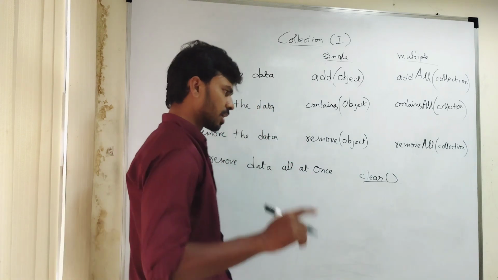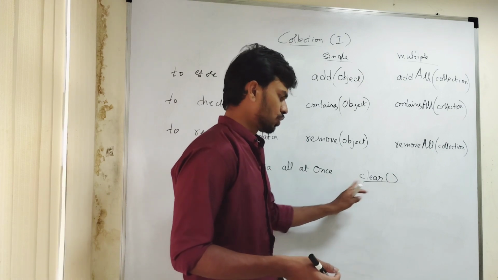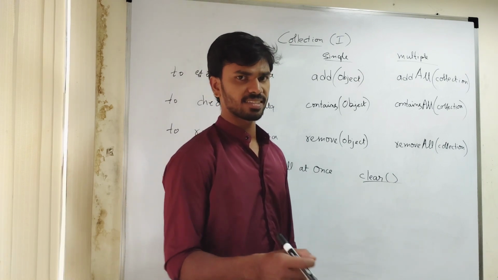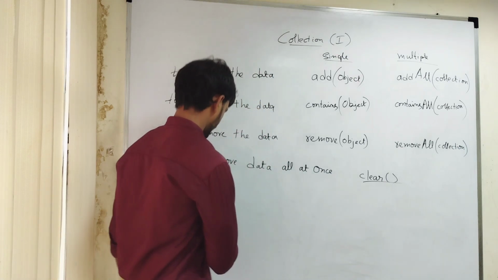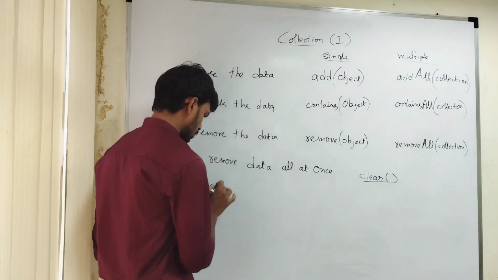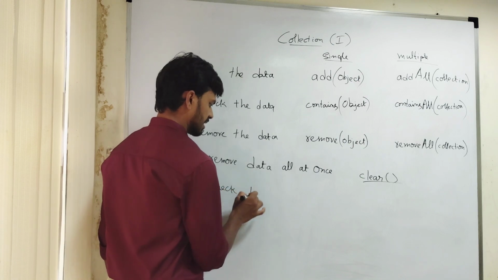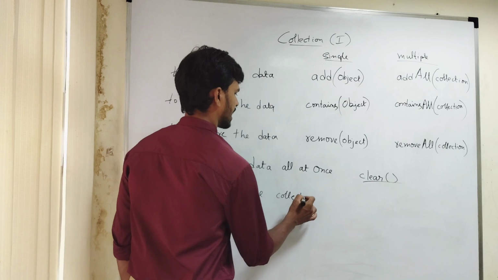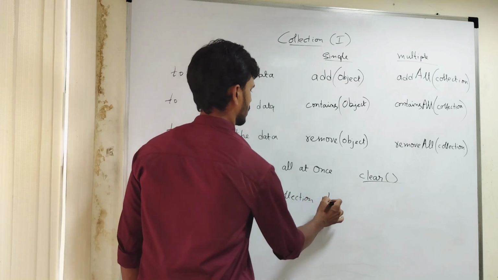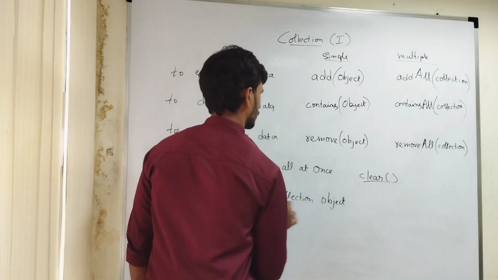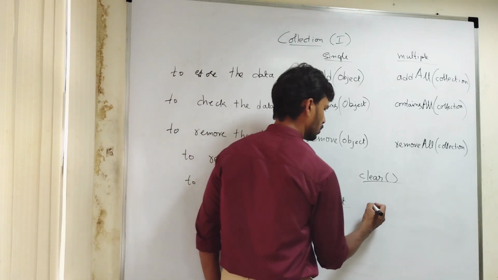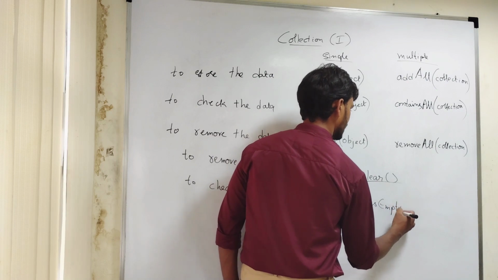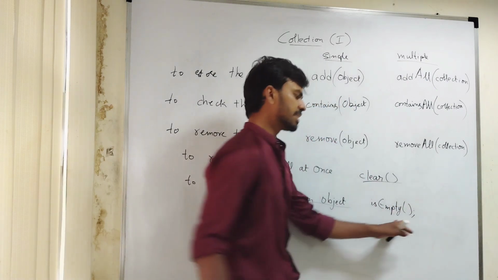Next, after using the clear method, we might have a doubt whether any data exists or not. In that case, to check the collection object, we have the isEmpty method. isEmpty is very simple.